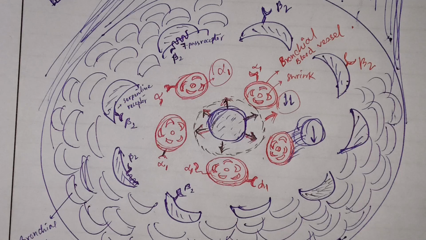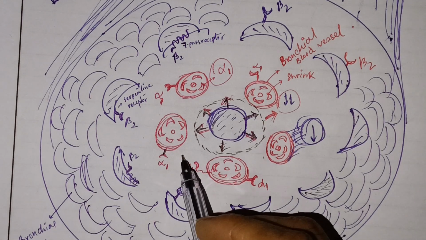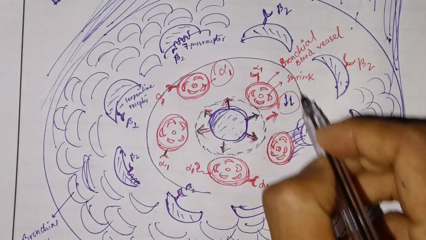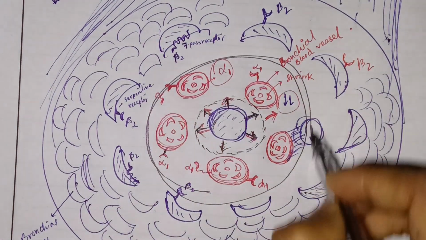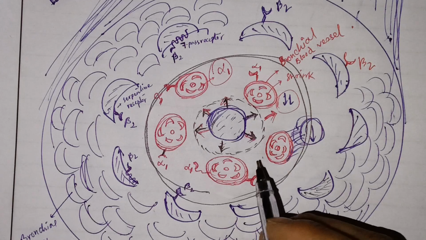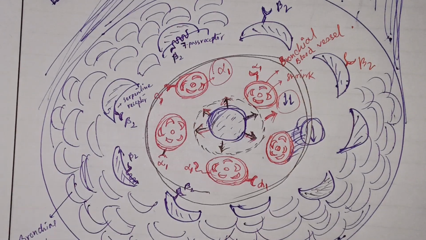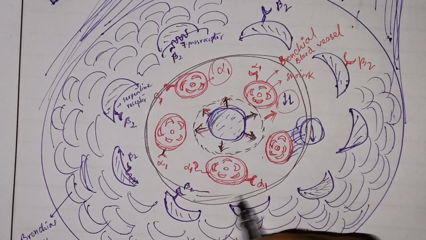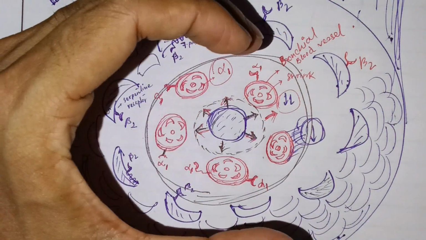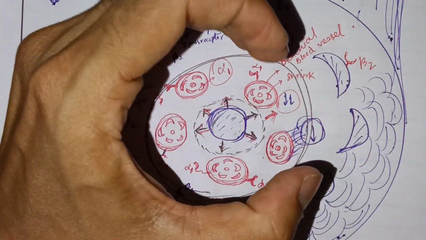Edematous or hyperemic means the blood flow will increase in the inner part of the bronchiole. When the blood flow increases, it will swell. When the inner part of the bronchiole swells, what will happen?